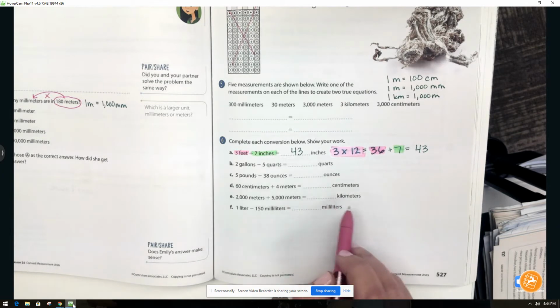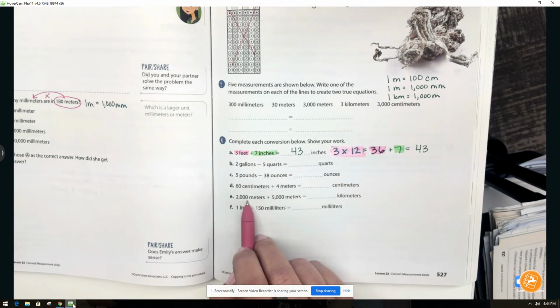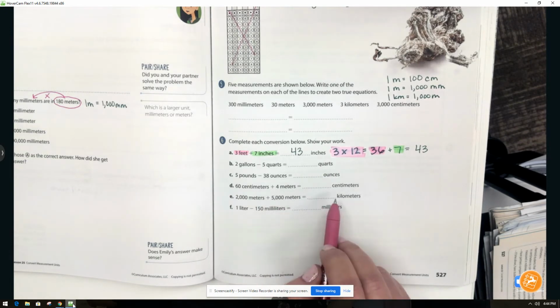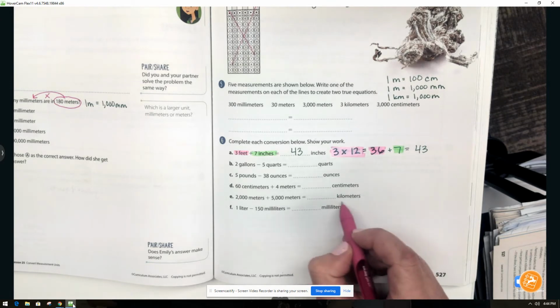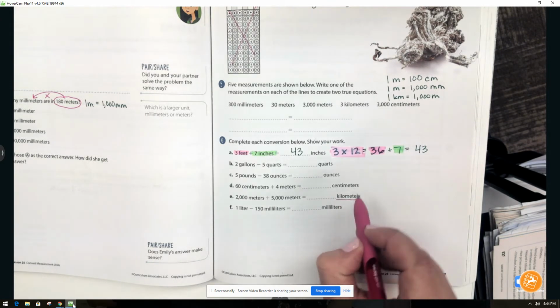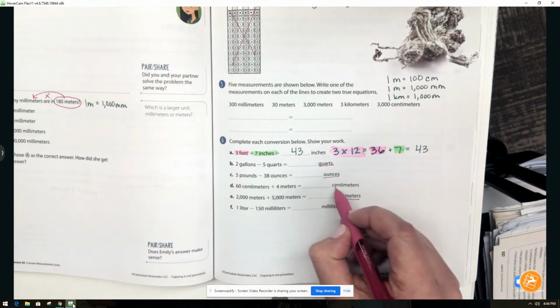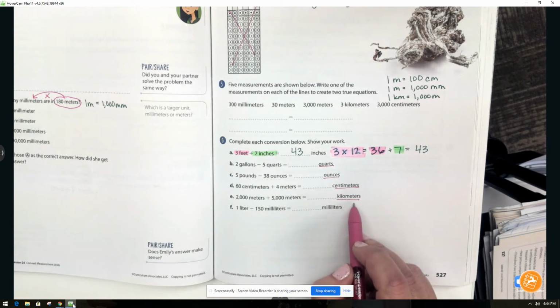of centimeters. And then this one's tricky. They're both in meters. So we're going to add all of our meters together and then convert our meters into kilometers. Make sure you pay attention that you see that this is kilometers. You really want to look at each of these units that you're converting to.